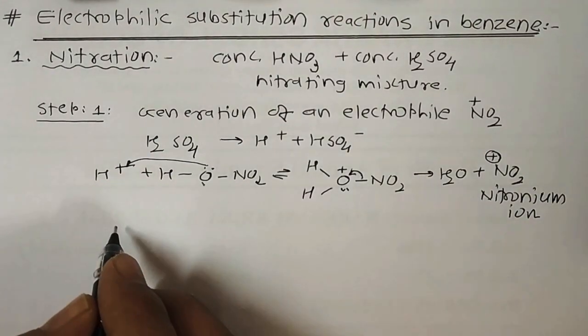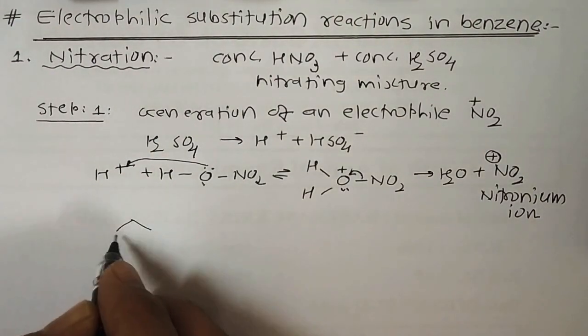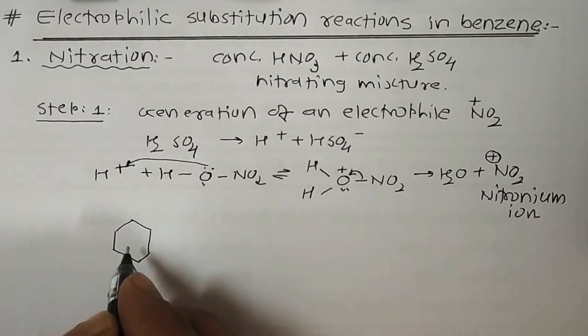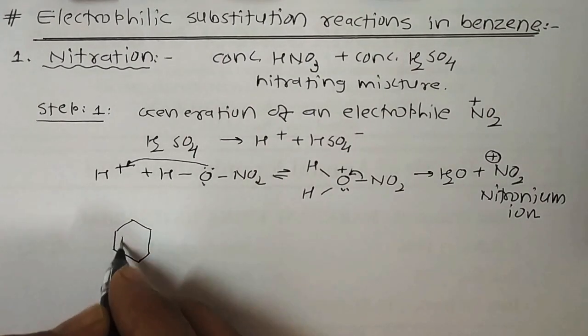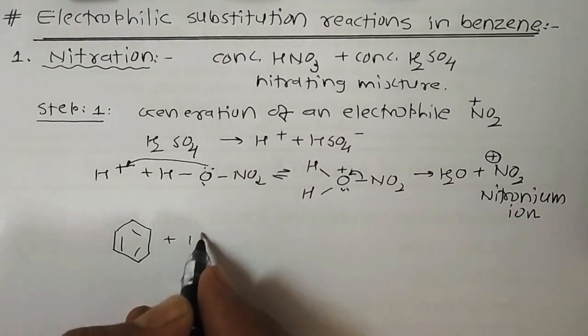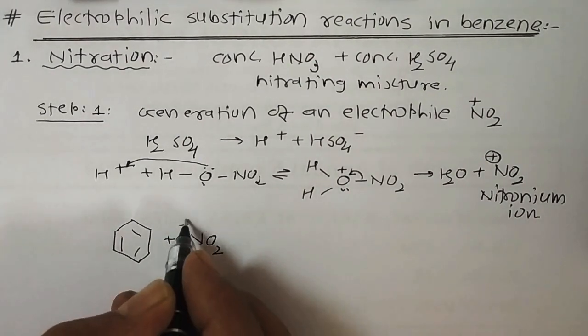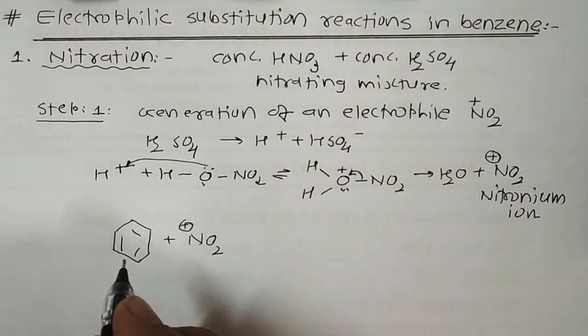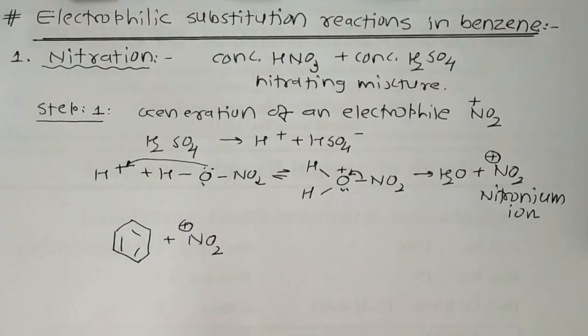What is the second step? Now this nitronium ion, in the case of benzene, for example, this is benzene, right? This benzene has a pi electron cloud, and this pi electron cloud first forms a carbocation intermediate, sometimes called a sigma complex. As we know, this step is very slow because the resonance is destroyed.